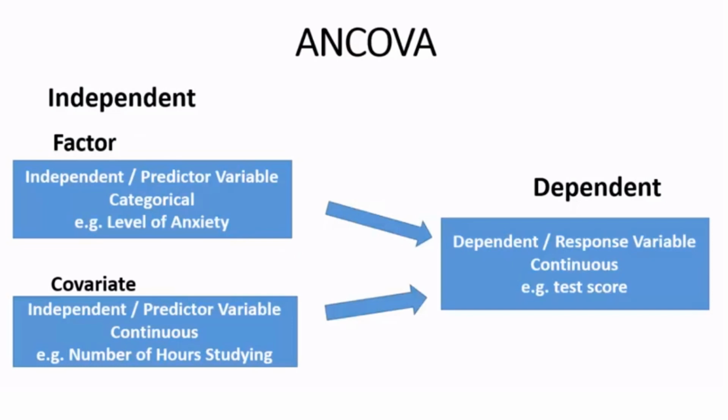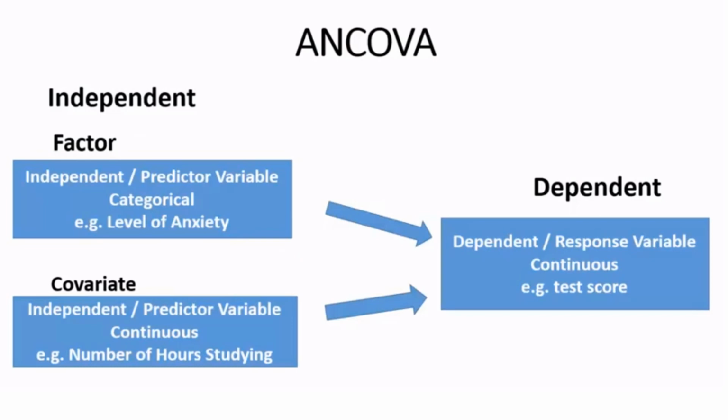For example, the level of anxiety depends on the test score. Your anxiety increases when seeing your result in the exam. So your test score, or your result, is a dependent variable.